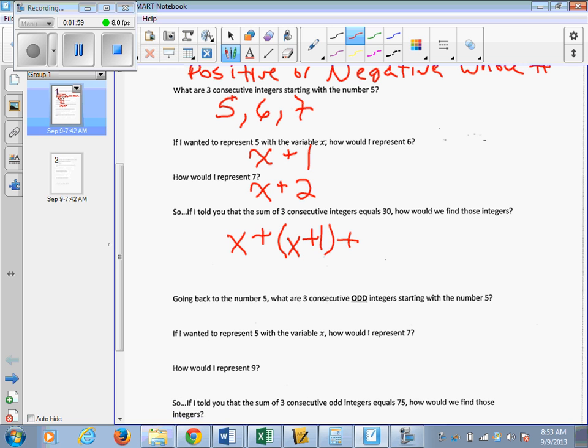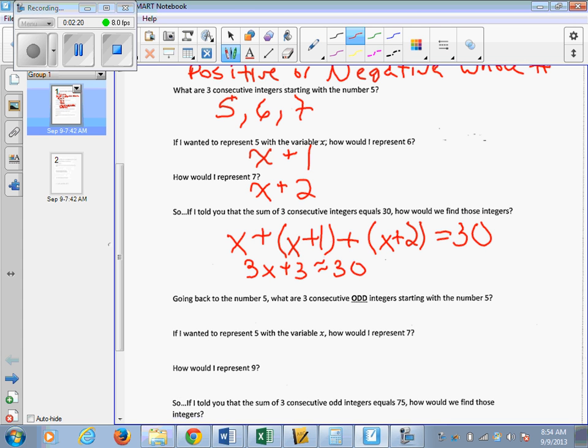Plus our third consecutive integer is x plus 2. And our problem tells us that they equal 30. So we make that equal to 30. So we need to combine our like terms, and we get 3x plus 3 equals 30.